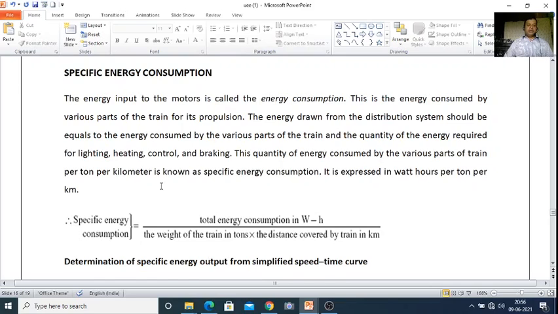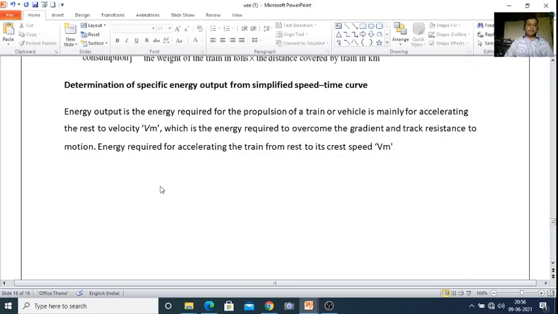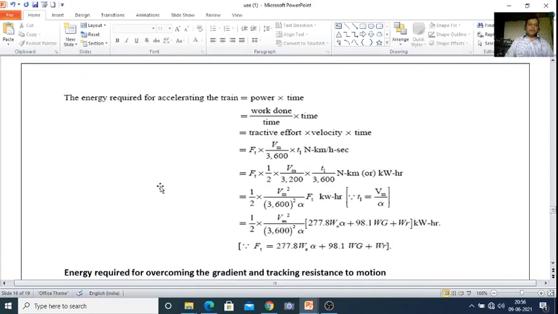Now we will see the determination of specific energy output from the simplified speed time curve. Energy output is the energy required for the propulsion of the train or vehicle, mainly for accelerating from rest to velocity Vm, and the energy required to overcome the gradient and track resistance to the motion. Now the energy required for accelerating the train from rest to its crest speed Vm. The energy required for acceleration of train is equal to power into time, where power is equal to work done by time into time.